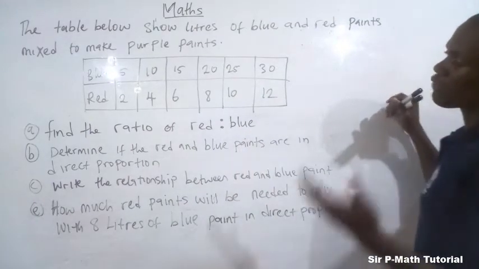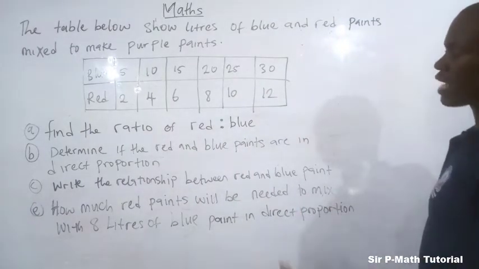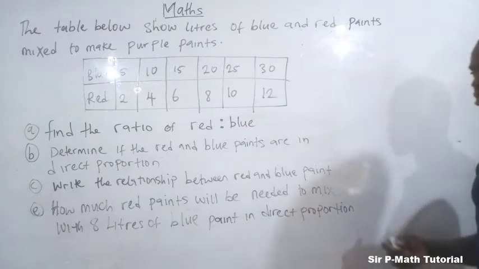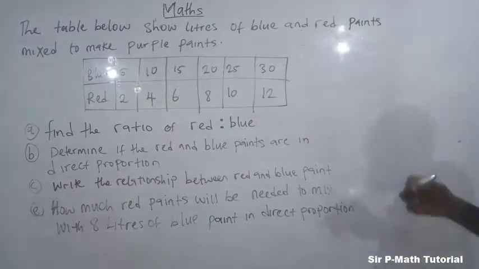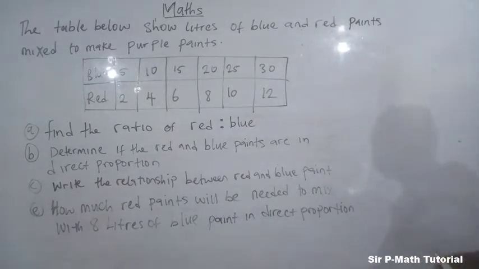Okay, so the first question I have there says, find the ratio of the red to blue paint. The ratio. So we are going to represent each quantity as a fraction.